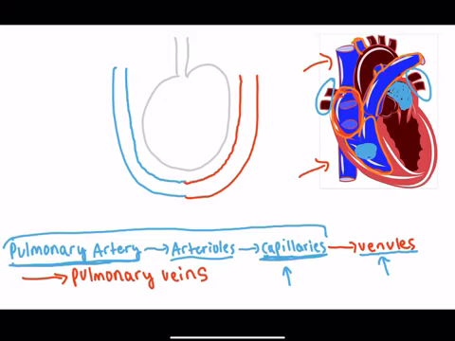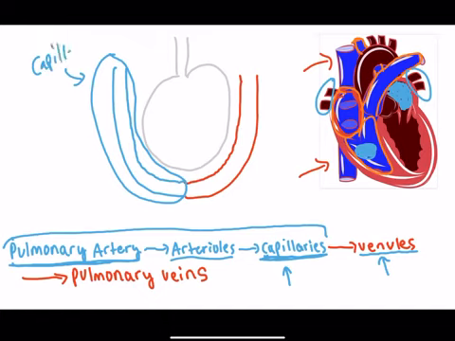I forgot to label it down here, but again, this is from the last video, so if you haven't watched that yet, I suggest you watch it, so it's much easier to understand systemic circulation. This is the capillary that we talked about, which had deoxygenated blood in it, and then thanks to our alveolus, oxygen diffused in, making the blood oxygenated, while CO2 in the blood diffused out and into the alveoli, which you exhaled out.